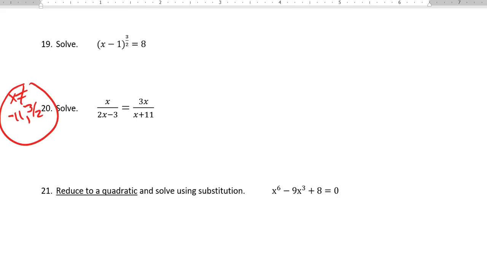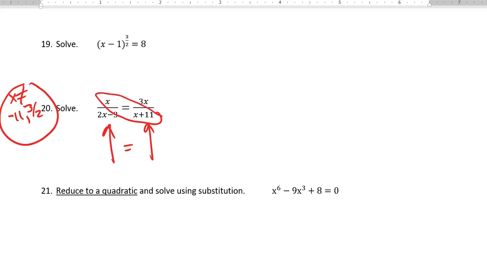So when you have a rational equation, the best thing to do is to get rid of the denominators. We don't like rational equations. People don't like fractions. And an easy way to do that is to just multiply both sides by the denominator's factors. So that will help. But in this case, it's even easier. When you have a proportion equal to a proportion, we have one fraction equal to another fraction, we can simply cross multiply.